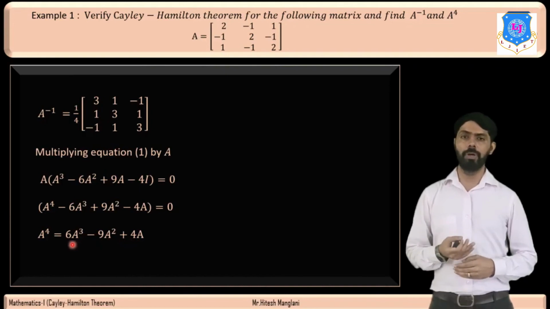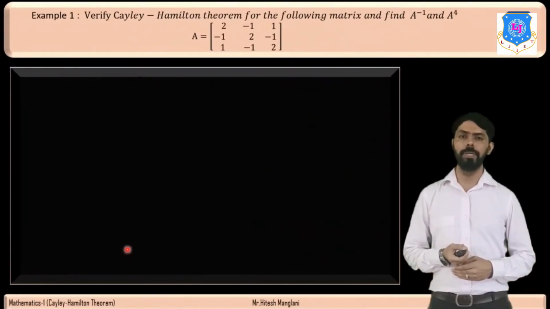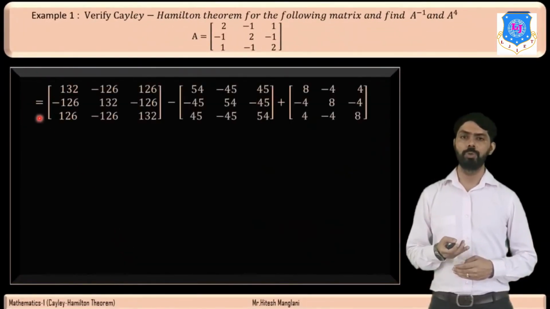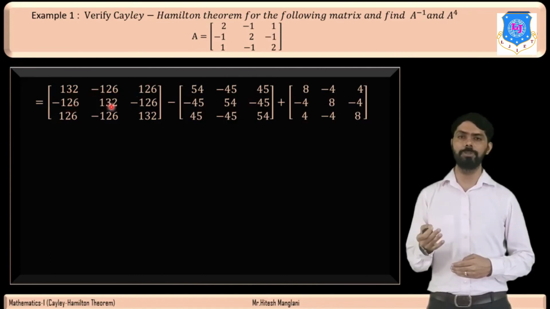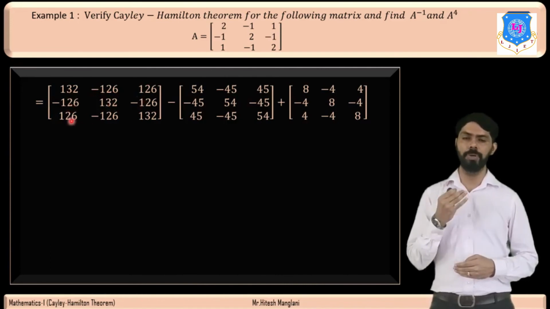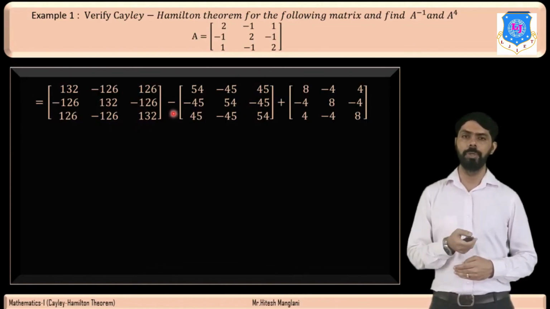Now here we have already found A cube and A square, so we will put A cube and A square in this result. So it will be 6 into A cube. So here we will have to multiply all the elements of A cube by 6. So it will be [132 -126 126; -126 132 -126; 126 -126 132], then minus 9A square.